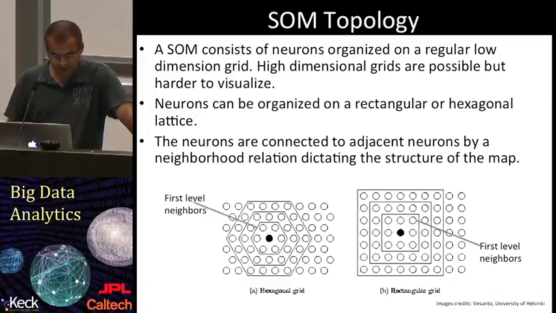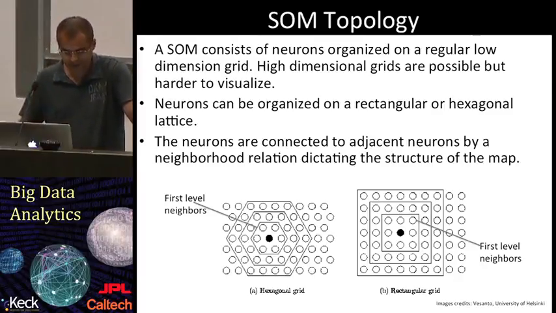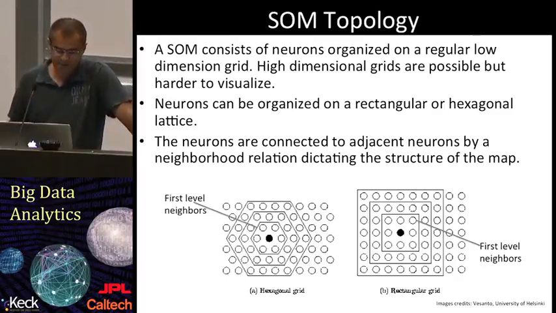And as you can see, the structure also changes the neighbor set. For example, with the hexagonal grid, each neuron has 6 first-level neighbors, while in this case, with the rectangular grid, they have 8 neighbors of first level. And when the neighborhood is reduced to 0, the SOM acts like k-means.